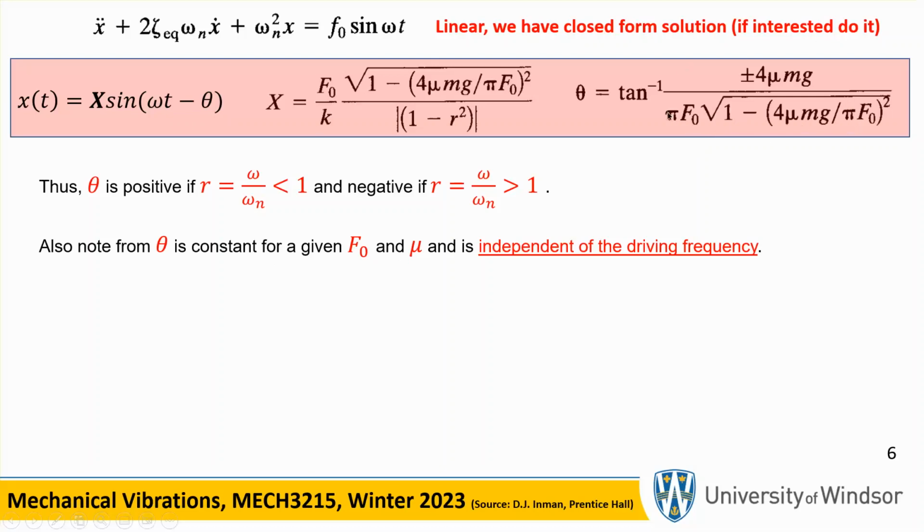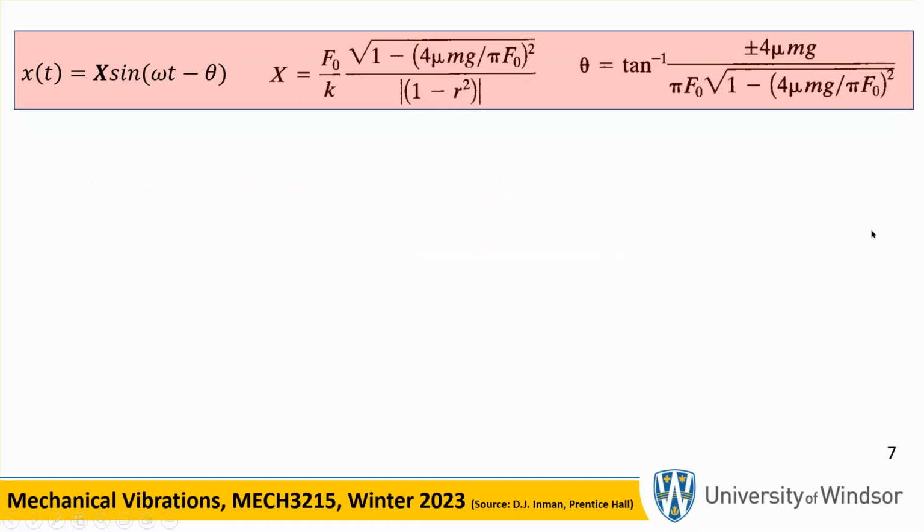There is no frequency here. There is no driving frequency here. Whereas for the viscous damper, we did have the frequency popping up here. We did have r popping up here, not for this model of equivalent viscous damper. So this is a very important observation, because that was not the case. Theta did depend on the driving frequency. It had an r in it, but not here.